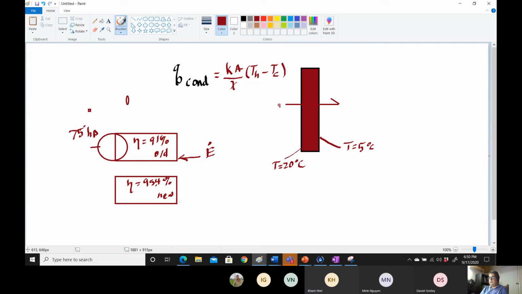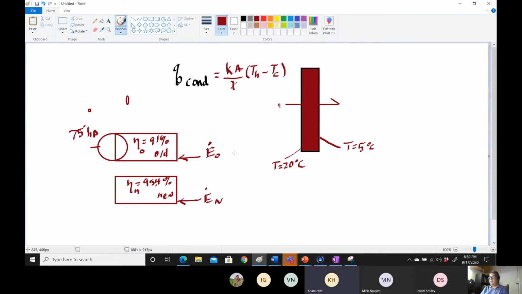So I'm going to say E dot old, and this is E dot new. For the new, there is electric input. That's kind of the same as the work, right? Well, it is work. Electric input is work.